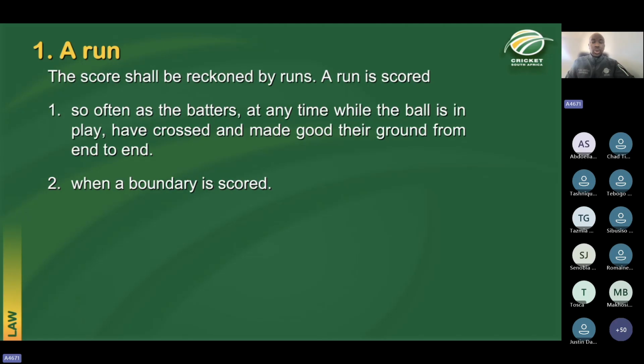We will look at boundaries in more detail later in this presentation. When penalty runs are awarded, that is another way that a team can score runs. Throughout these laws, we will be touching on when penalty runs can be awarded to the batting side and when penalty runs can be awarded to the fielding side.